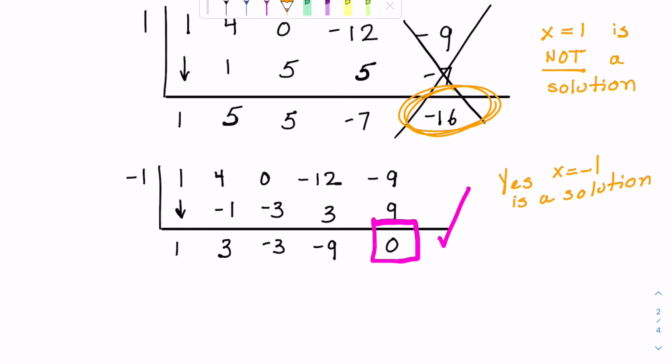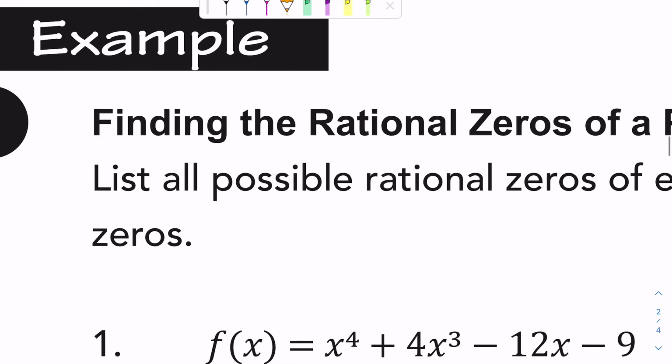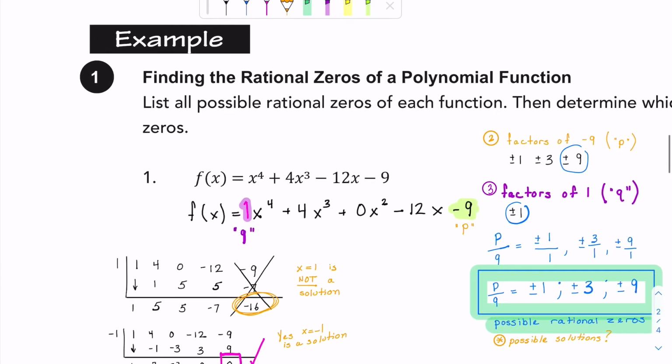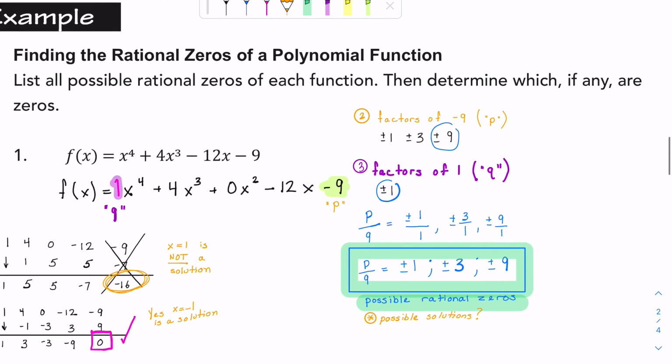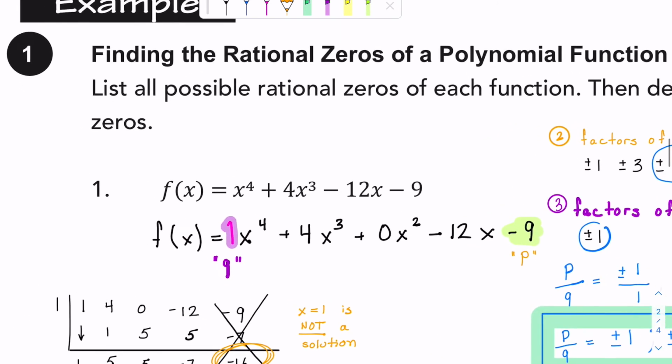But specifically, based on the directions of the problem that say to list all possible zeros and then determine if it is a zero. Okay, the directions don't say to factor actually, but I'm going to add those in just so we have it as an example and factor.